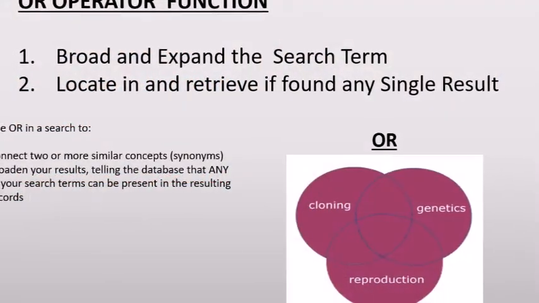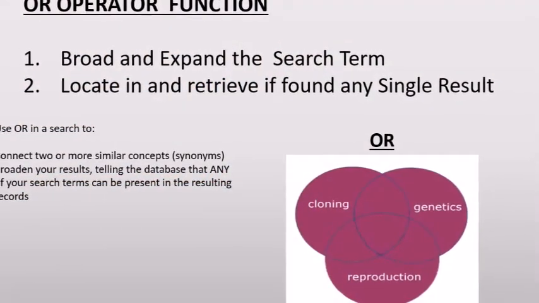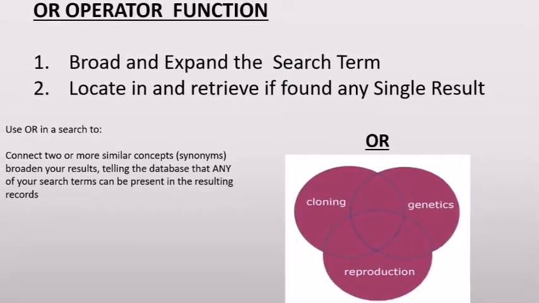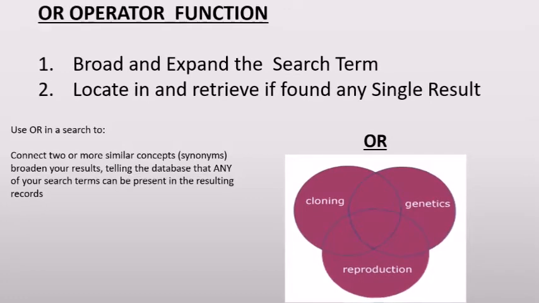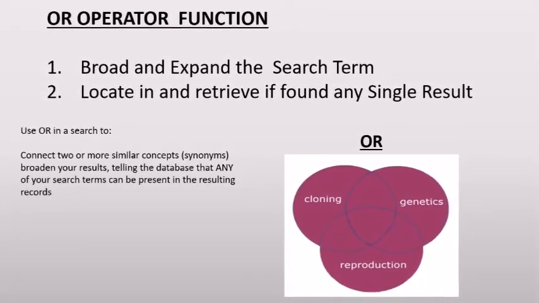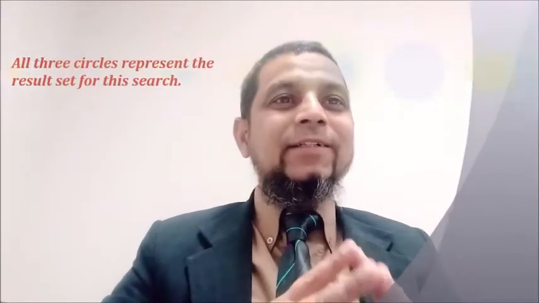OR operator broadens and expands the search term, locating and retrieving if found in a single result. The purple circle shows cloning or genetics or reproduction. All 3 circles represent the result set of this search.